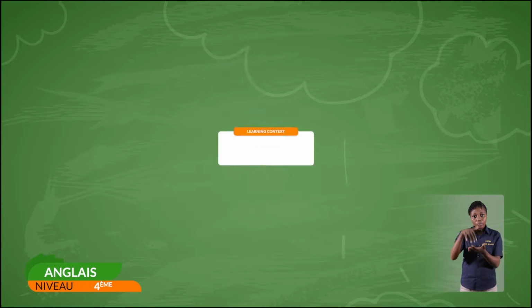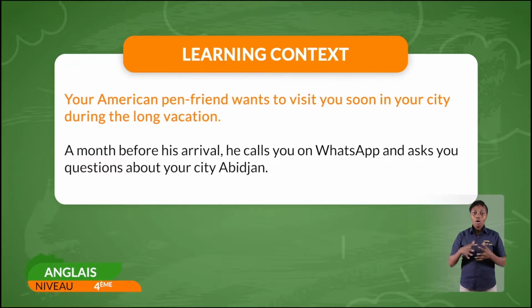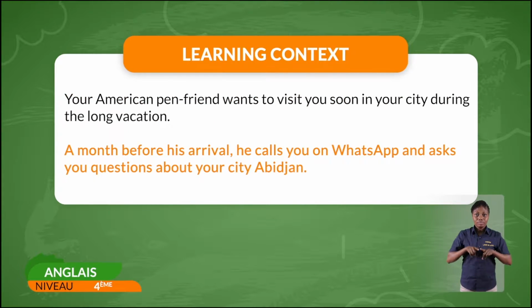Before we continue, let's look at the learning context. Your American pen friend wants to visit you soon in your city during the long vacation. A month before his arrival, he calls you on WhatsApp and asks you questions about your city, Abidjan. So, what is it about?